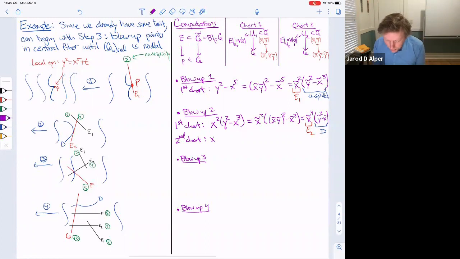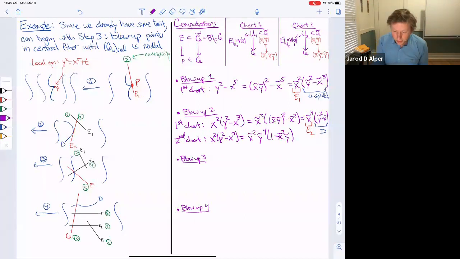And so we do the same equation, and x squared y cubed becomes, maybe I'll spare you the calculation here, x tilde squared y tilde to the fourth times 1 minus x tilde cubed y tilde. And here the exceptional divisor is this y tilde, so that's E2.